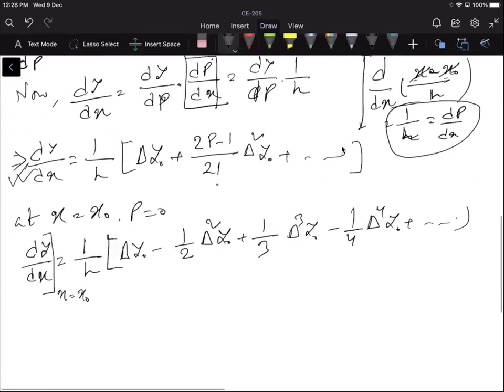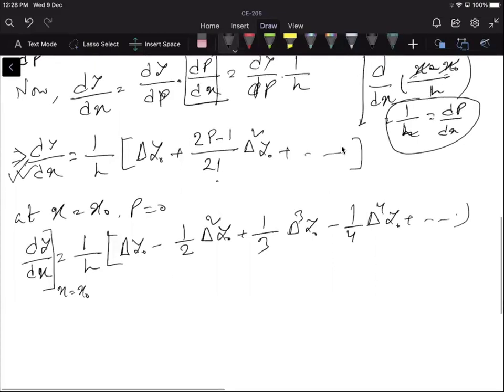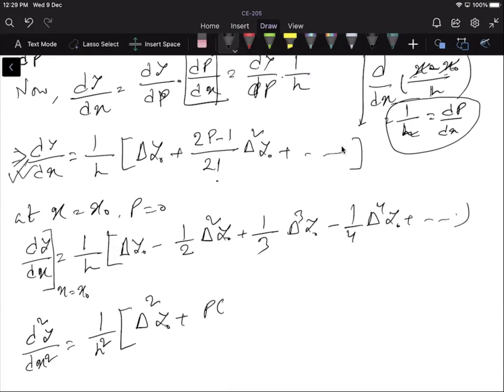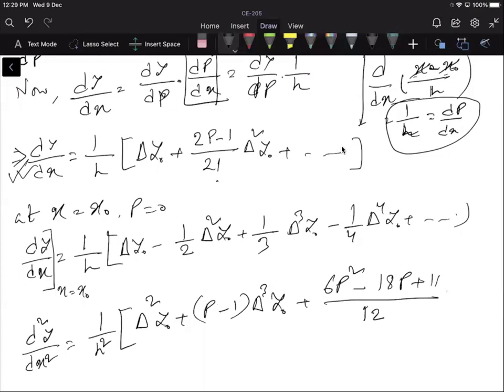In the same manner, d²y/dx² is 1/h² times (Δ²y0 + (p − 1)Δ³y0 + (6p² − 18p + 11)/12 Δ⁴y0 and so on). So this is the second derivative.